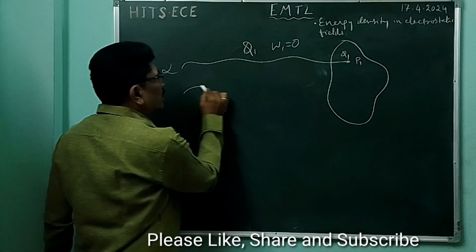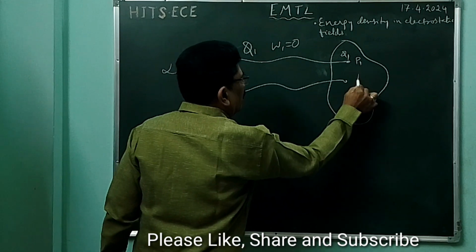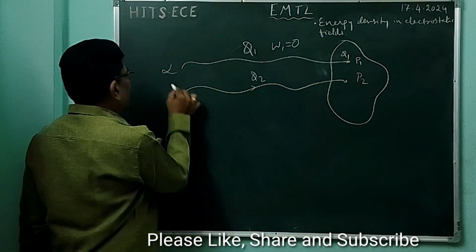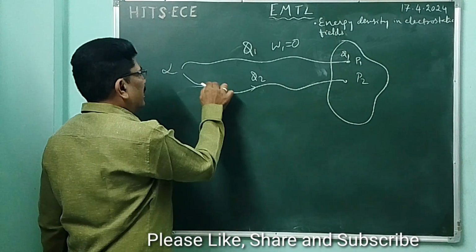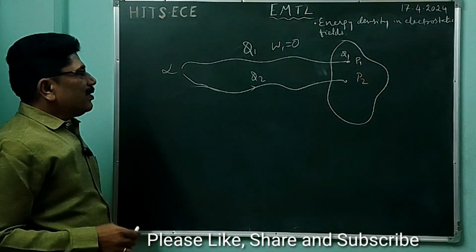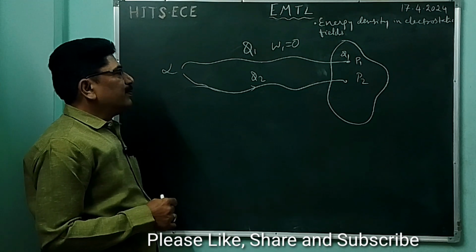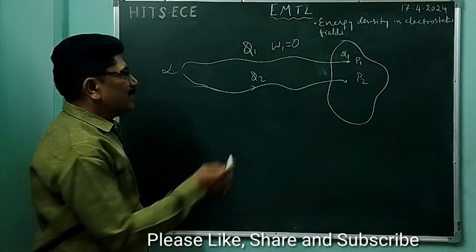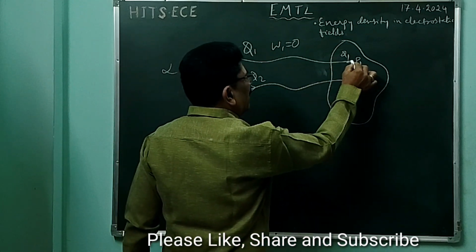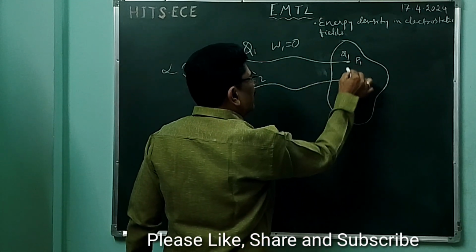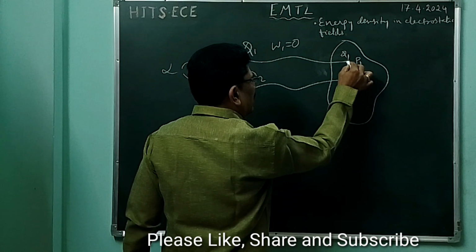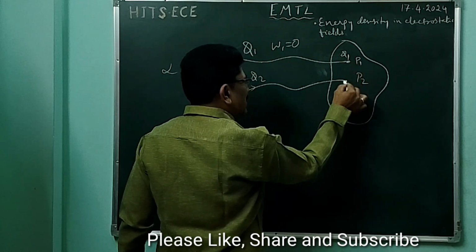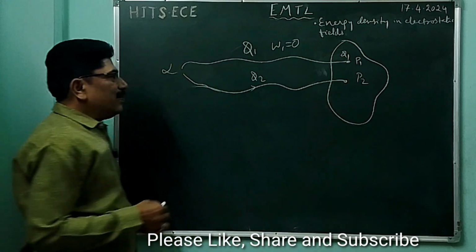Now let us move charge Q2 from infinity to this position P2. For moving Q2, some work is to be done on Q2. Why? Because of the presence of Q1, an electric potential will be developed at the point P2.